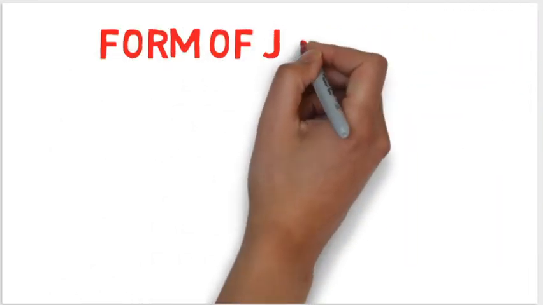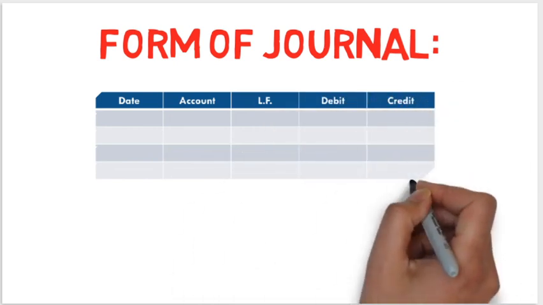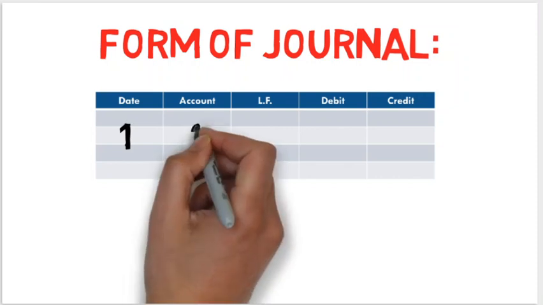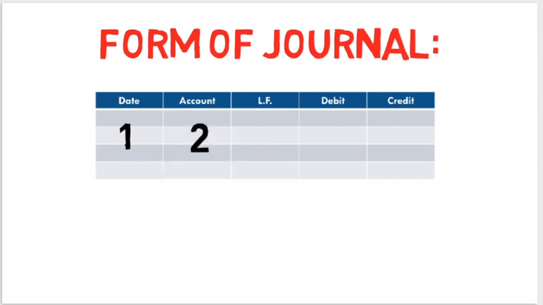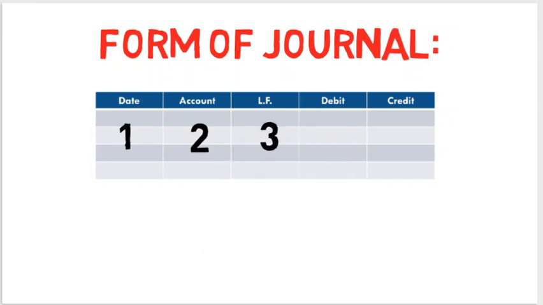Form of journal. There will be 5 columns. First column is meant for writing the date of transaction. Second column is used for recording the names of the two accounts affected by transaction.